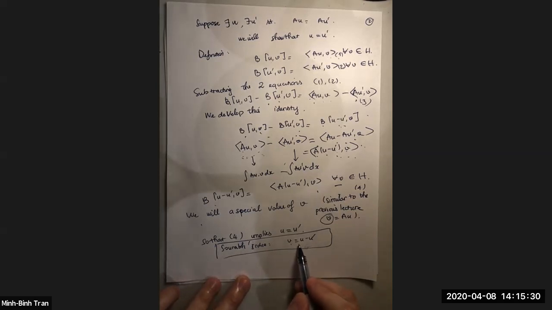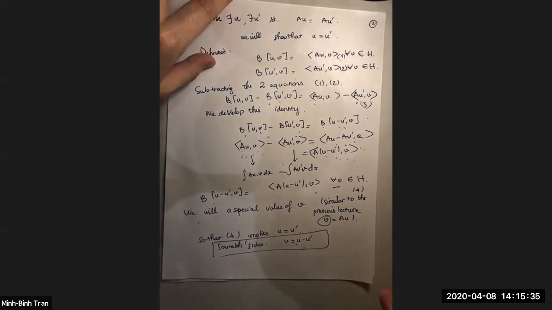So now Surab's idea is the perfect idea. You choose V to be U minus U prime, and we see what kind of information we can extract from this equation.